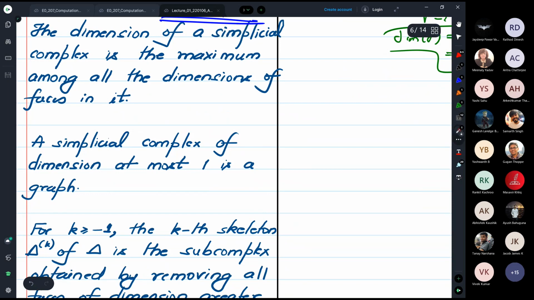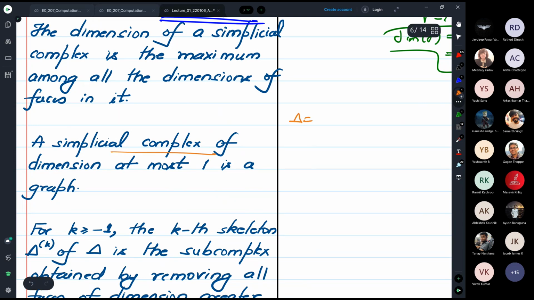I hope the concept of a dimension of a face and the dimension of a simplicial complex is clear. And I claim that a simplicial complex of dimension at most 1 is a graph. This means that every face in this simplicial complex has dimension 0 or 1, those are the only two possibilities.